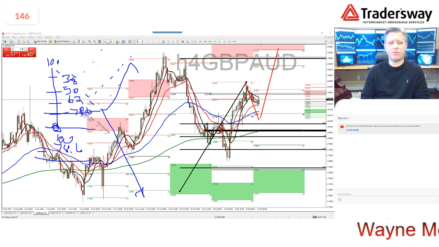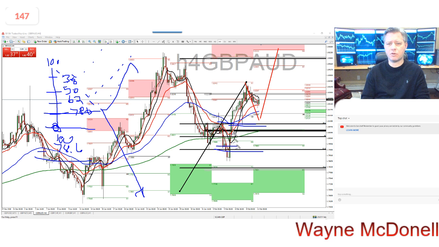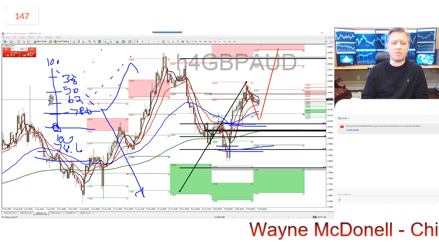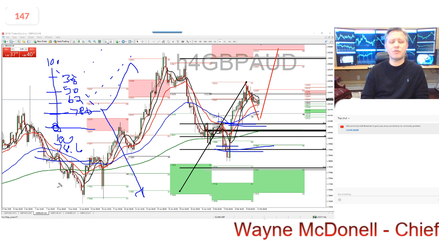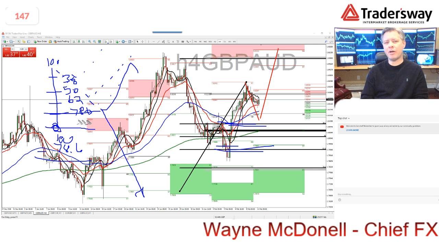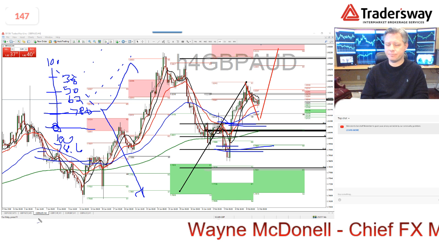Right, if you flip them upside down, they would be the same. This is 618, this is 382, but if I drew it the other way, this would be 382, and this would be 618. They're the same thing. They're mirror opposites of the 50%. So I said, well, then there must be a mirror opposite to the 786.